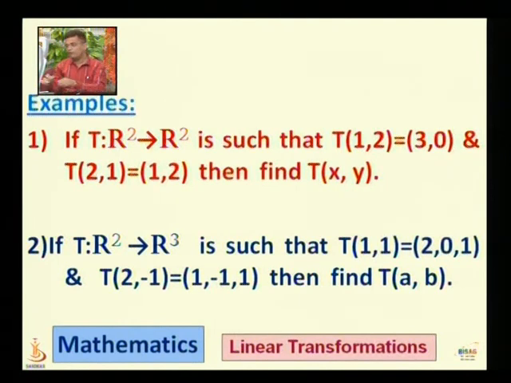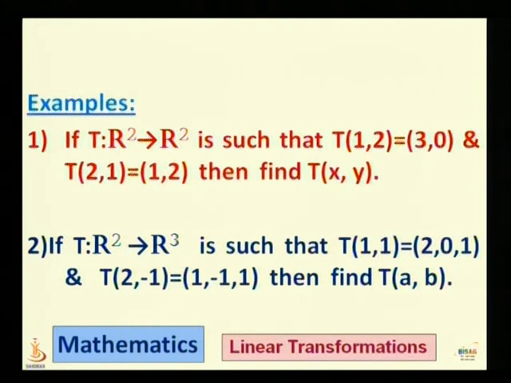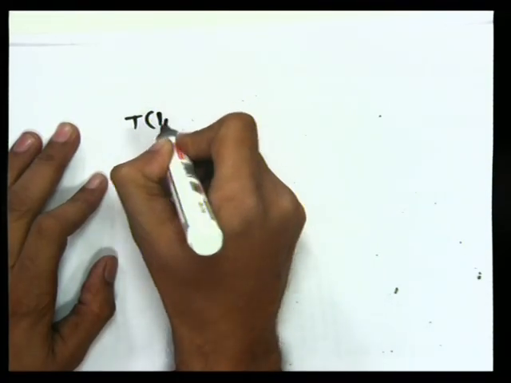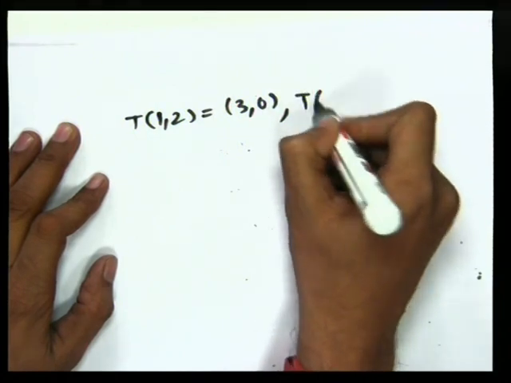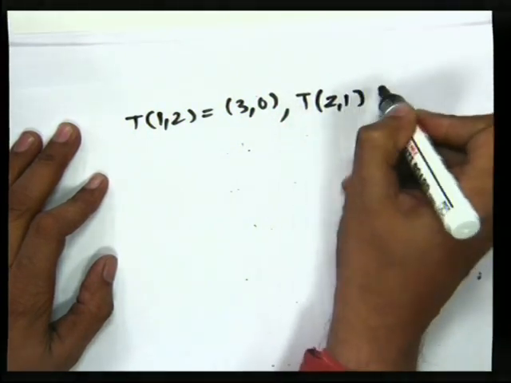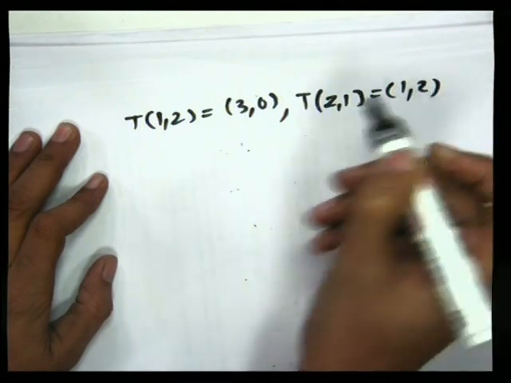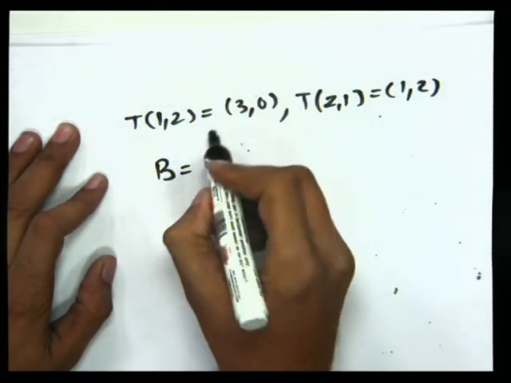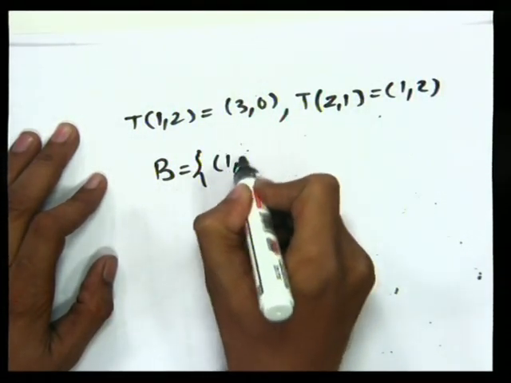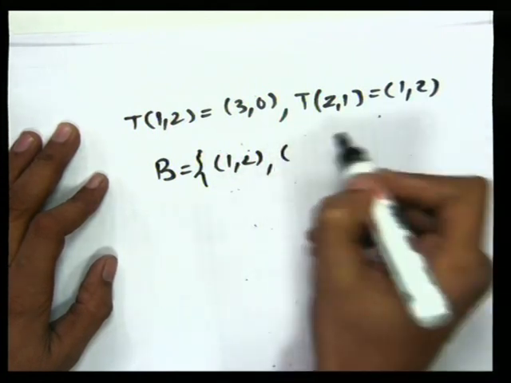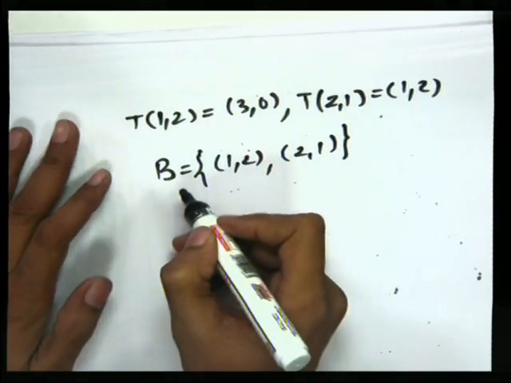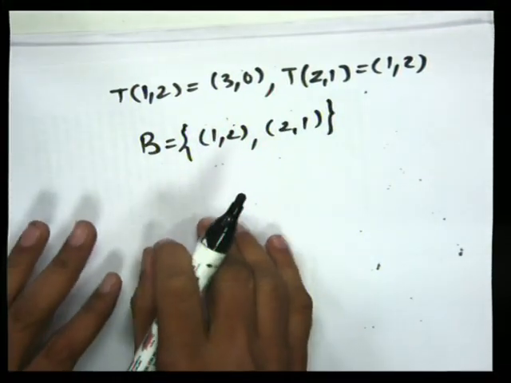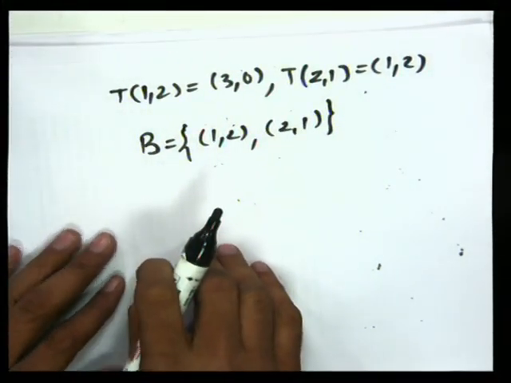Here we have given that T of (1, 2) is equal to (3, 0) and T of (2, 1) is equal to (1, 2). Here we can show that B equal to {(1, 2), (2, 1)} is a basis of the vector space R2.